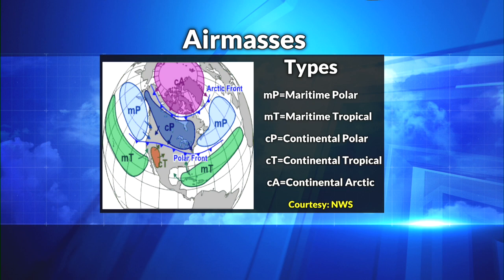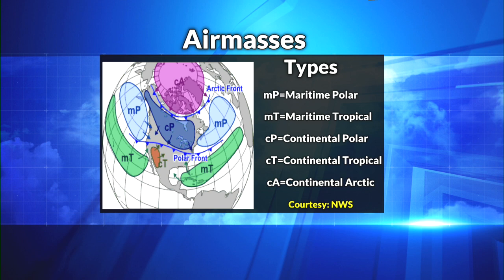Where the green at the bottom, the MT, is over warm ocean, you would expect air masses there to get the characteristics of warmth and humid conditions. So this is how we break it down into types: maritime polar, maritime tropical, continental polar, continental tropical, and continental Arctic.